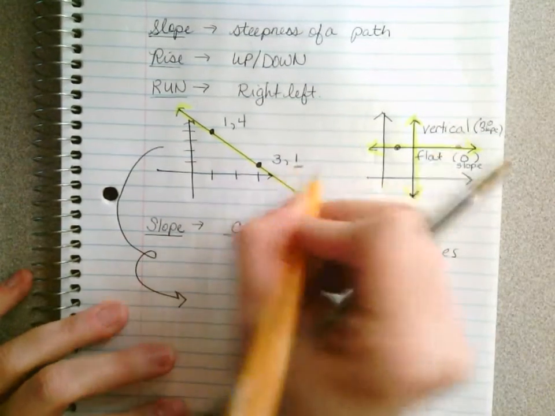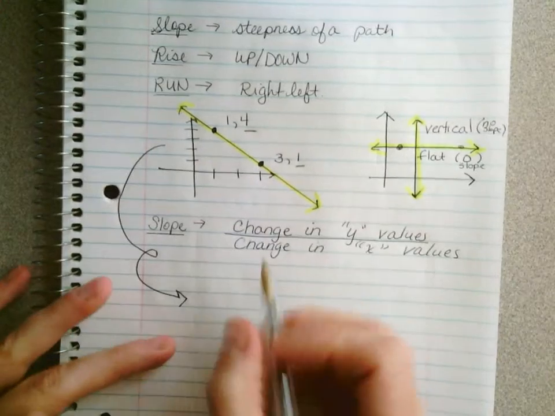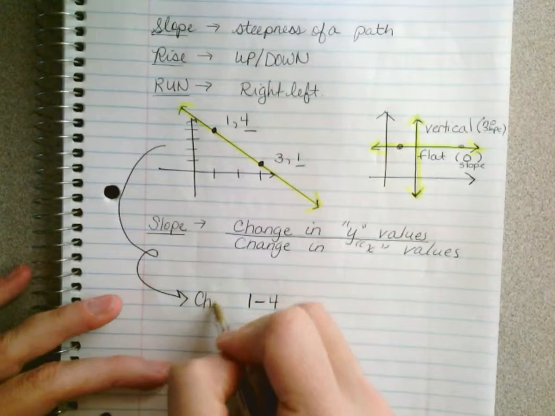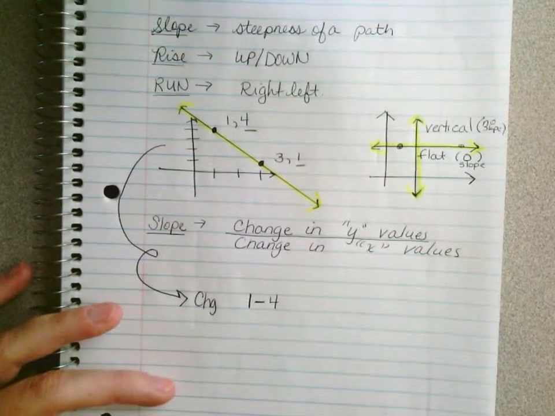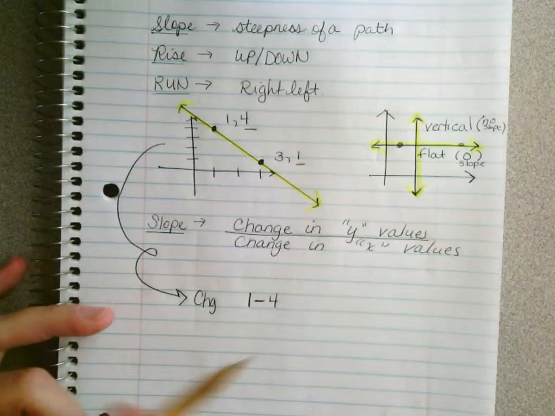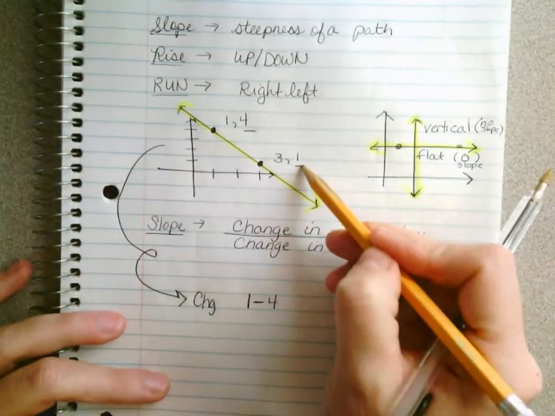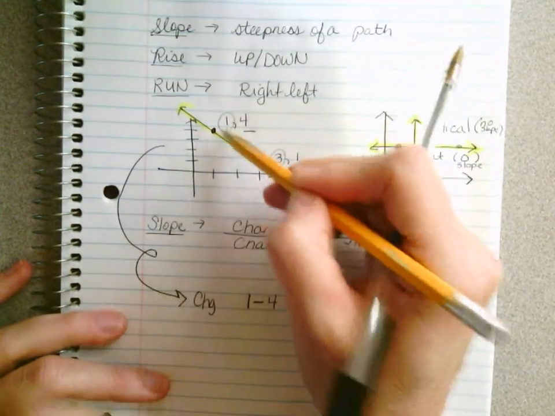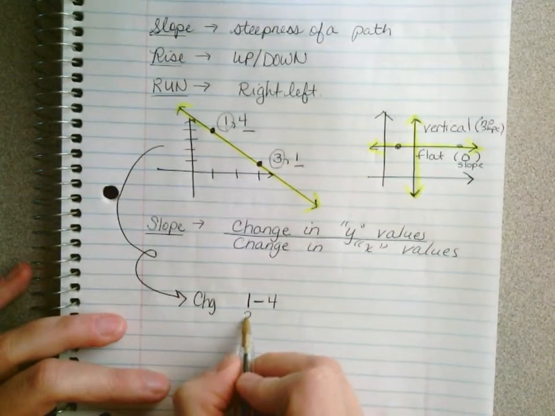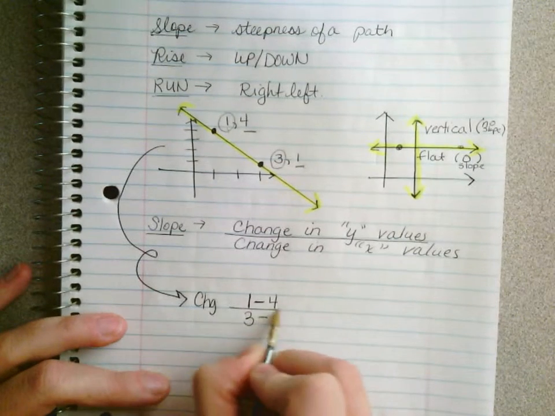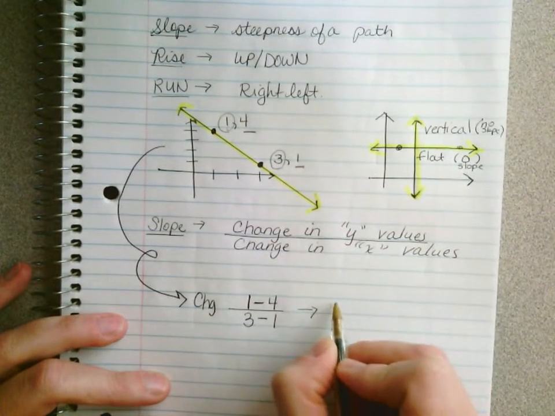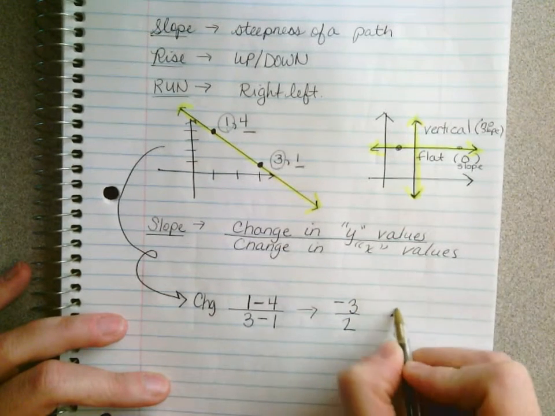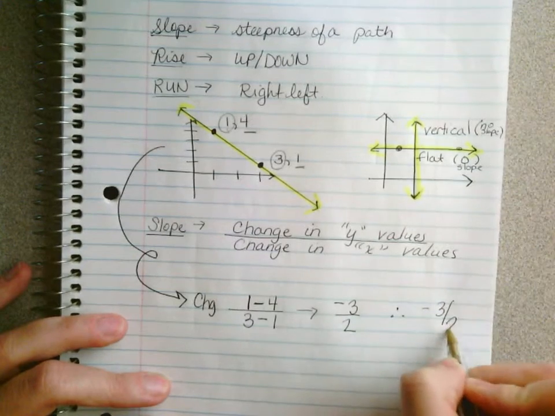Let's do 1 minus 4. Remember, it's the change. Okay? And for the x values, since I started with the 1, I have to start with the same coordinate set. And you'll end up with -3 over 2. Therefore, your slope is a -3/2.